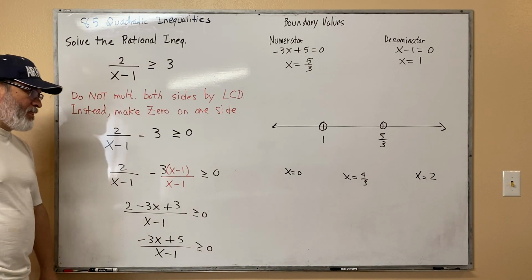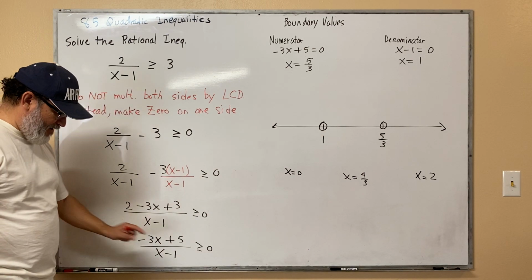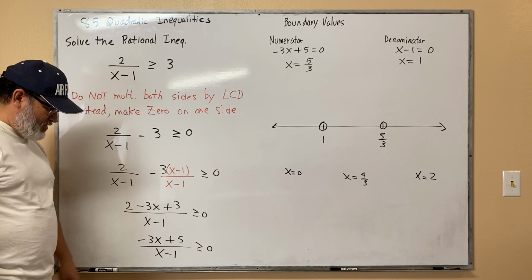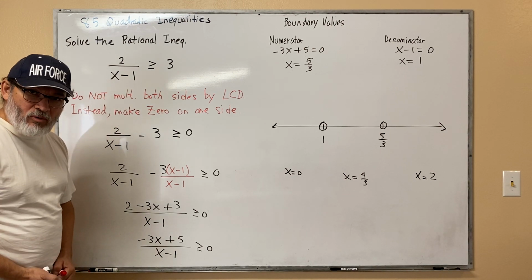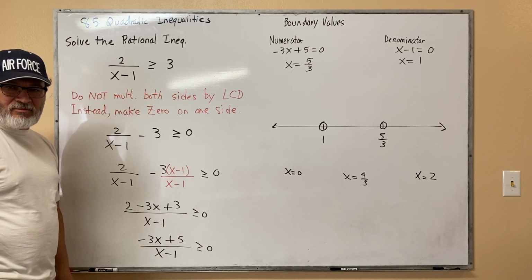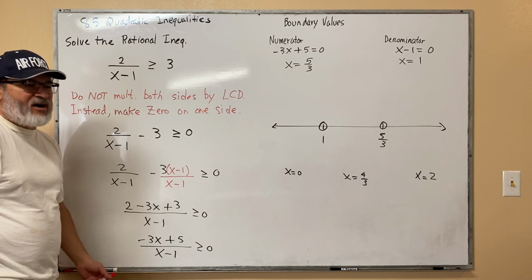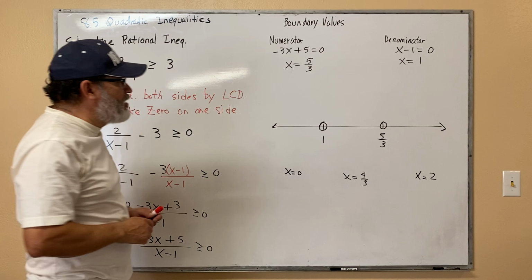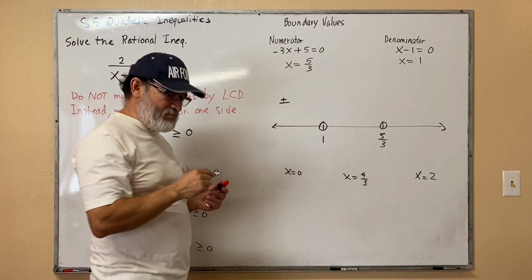Very good. I'm going to plug in 0 there. What's negative 3 times 0? 0. Plus 5. That's 5. You can say positive 5, but all you need is positive.